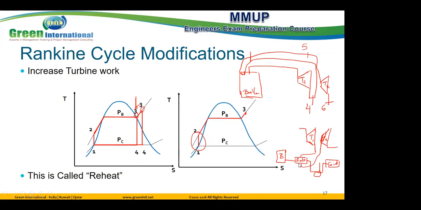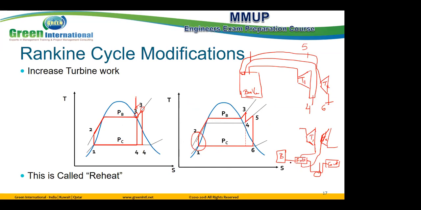How to decrease boiler heat? Just by supporting the water before going to the boiler. It means that instead of the boiler starting from the regular temperature, for example, out of the condenser to pump to the boiler at 25, for example, no, I do heat exchange with the steam extracted from the turbine here.